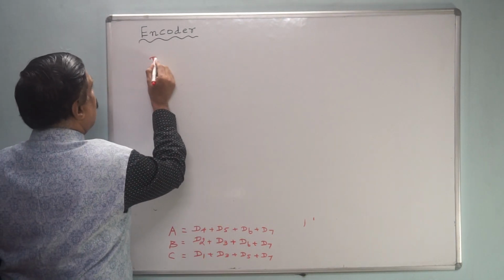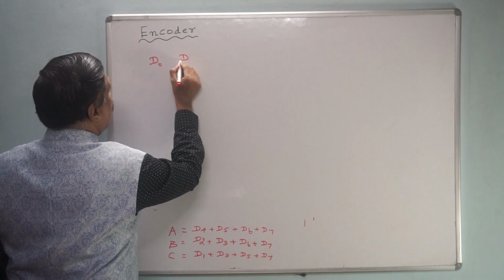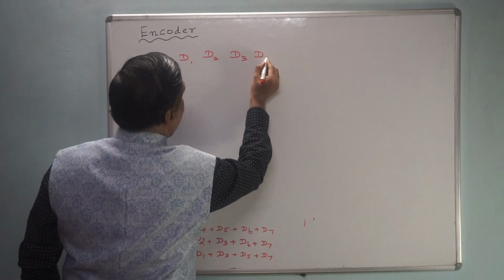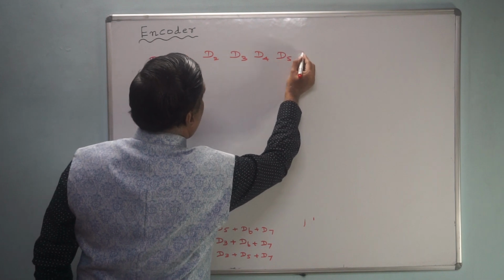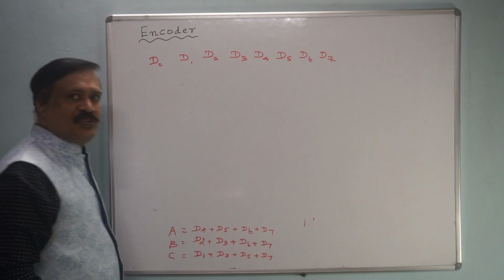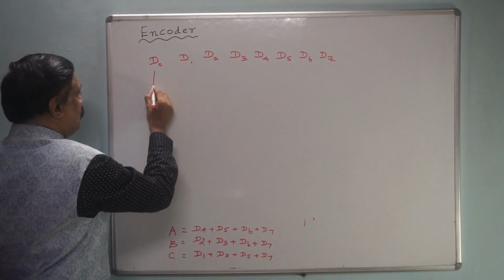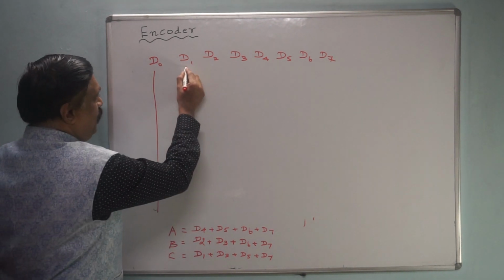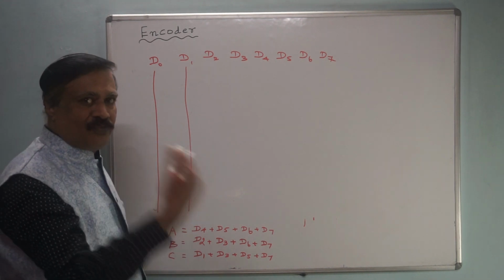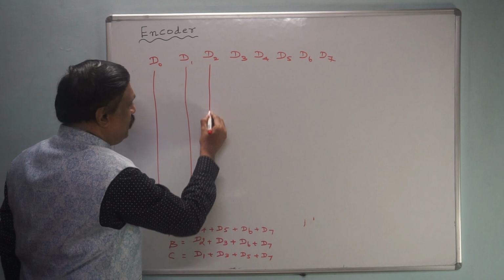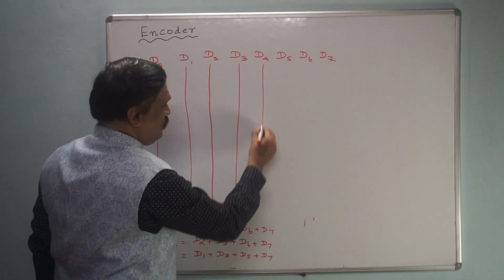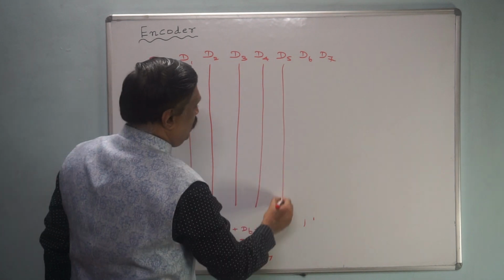That means you write D0 and D1, D2, D3, D4, D5, D6, D7. These are all the inputs. That means at one time, out of 8, only one input is high. These are all the input lines.